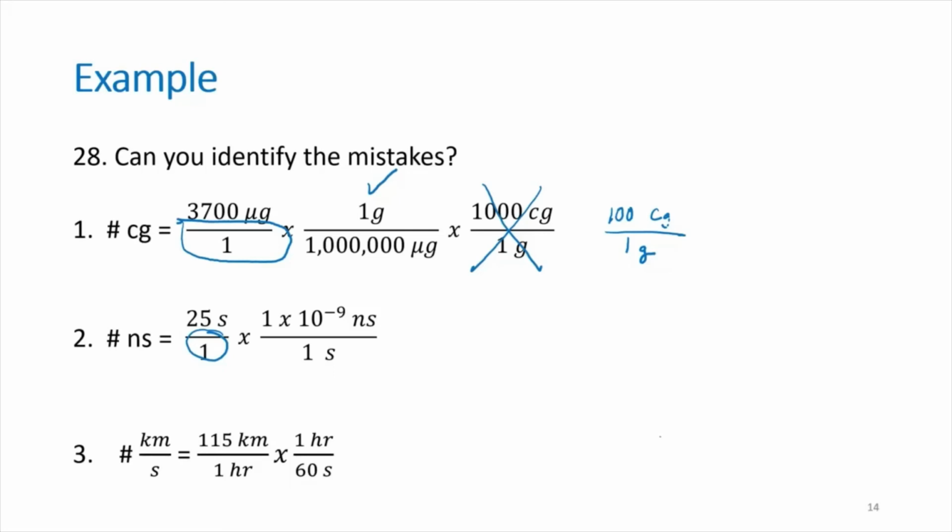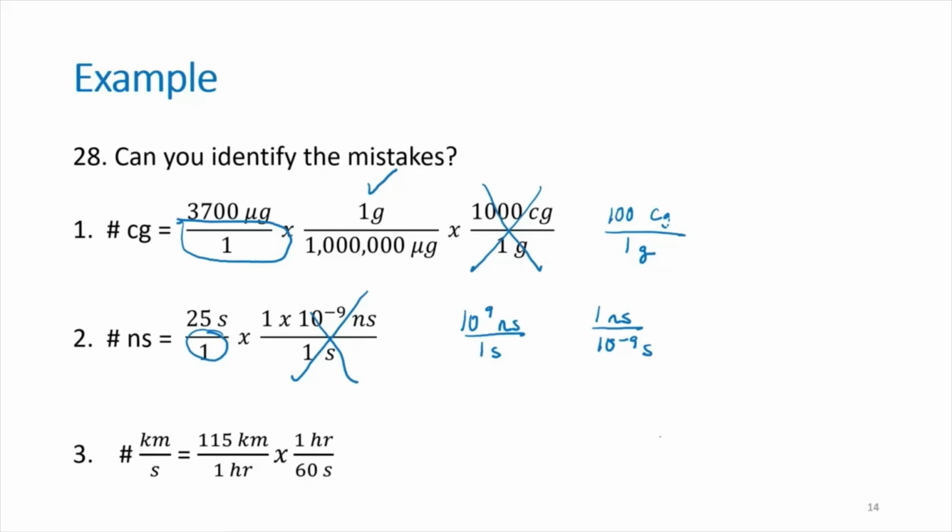It is, except the nano is a lot smaller. So it is either 10 to the 9th nanoseconds to every 1 second, or 1 nanosecond to 10 to the negative 9th seconds. So make sure you're paying attention if it is a really big number or a really small number that you're multiplying or dividing by.